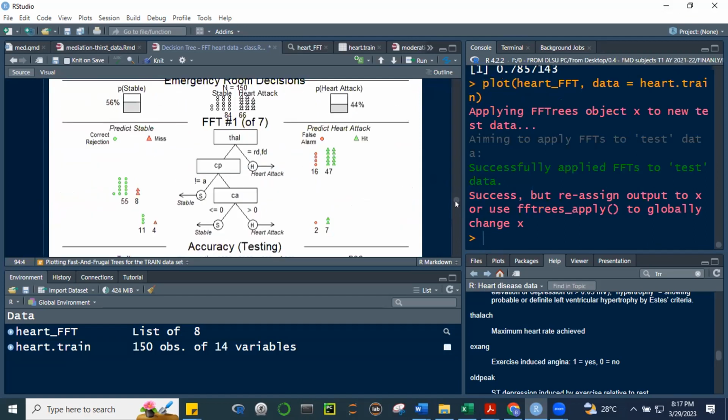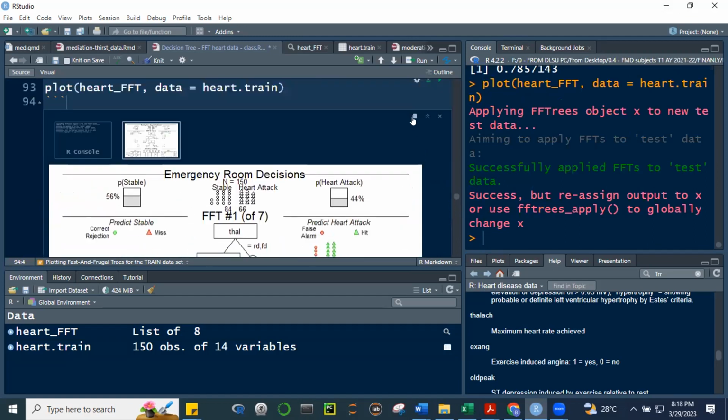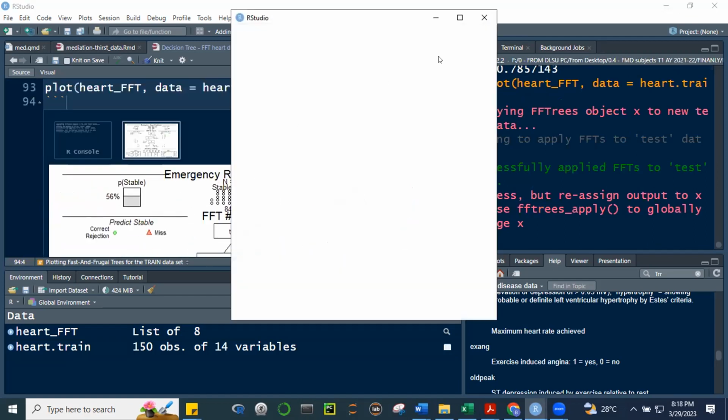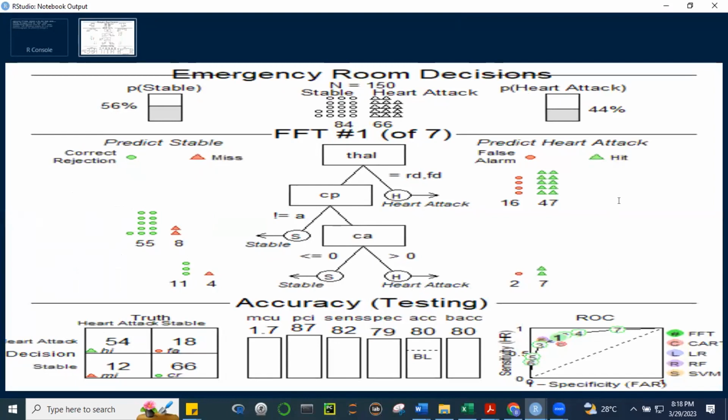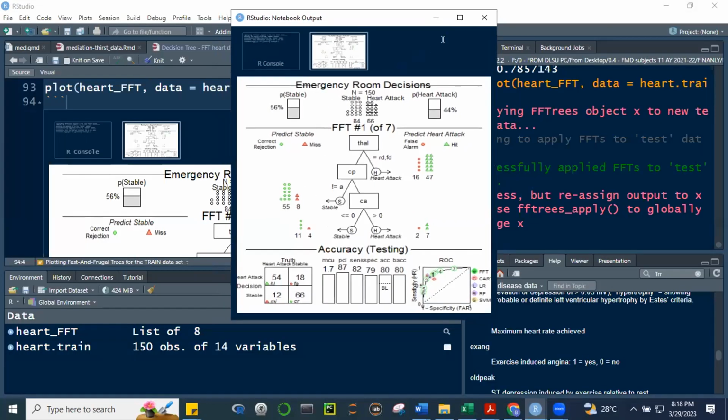Alright. Take a look at this. Ito na yung plot, ito na yung dinefine natin kanina. Let's study this briefly. Ito na yung emergency room decisions natin. Parang hindi clear yung ano. Mas clear pa pag nakaganito eh.